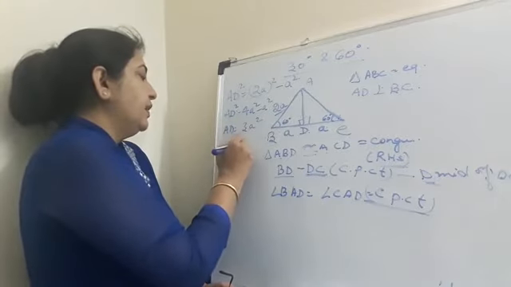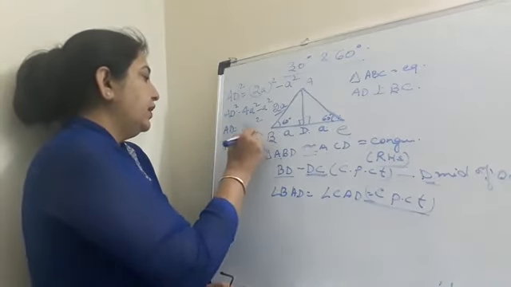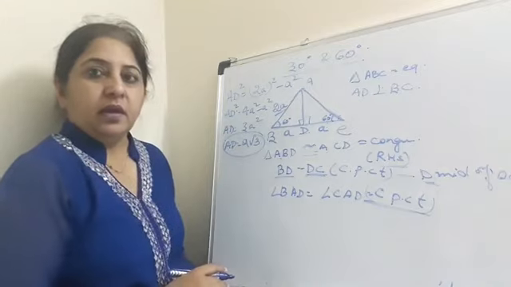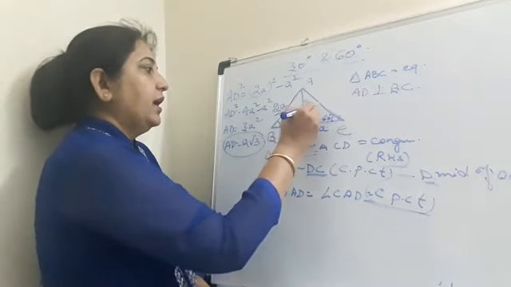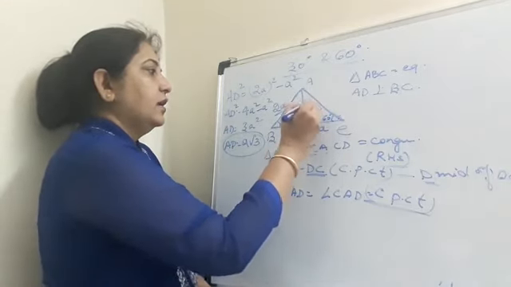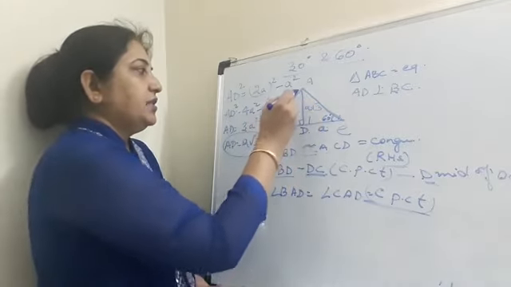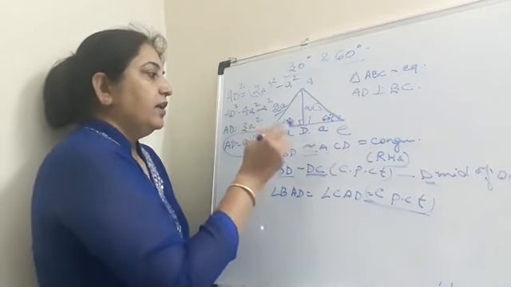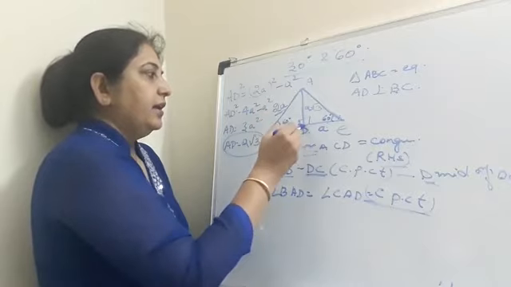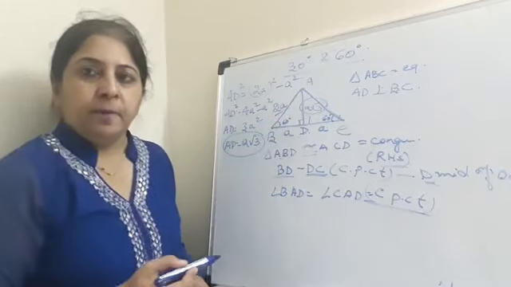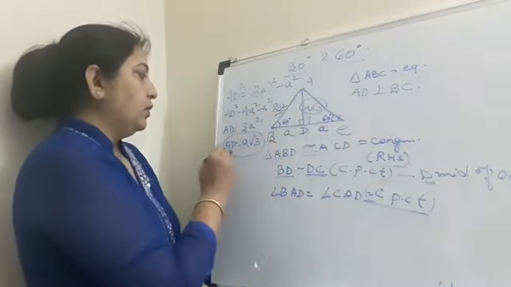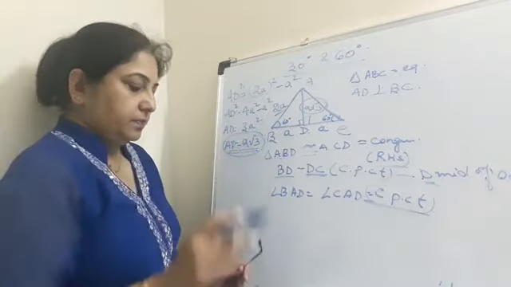Therefore AD will be equal to A root 3. So I hope it is clear to you. We have taken this side to be 2A. We now find AD by the Pythagoras formula, and we get AD to be equal to A root 3, right?